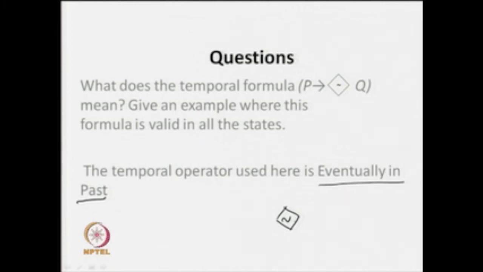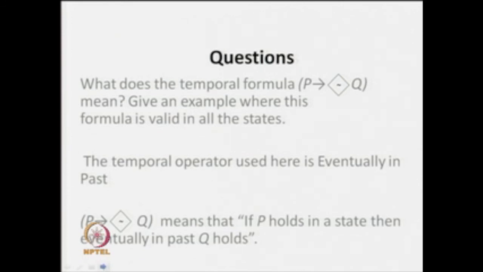So, give an example where this formula is valid in all the states. Now, if we talk about such a question, give an example, that means we have to come up with a model and we have to look for the truth values of this particular formula in this model and see whether this formula is true or not. Now, we have to come up with an example where this particular formula is true in all the states.